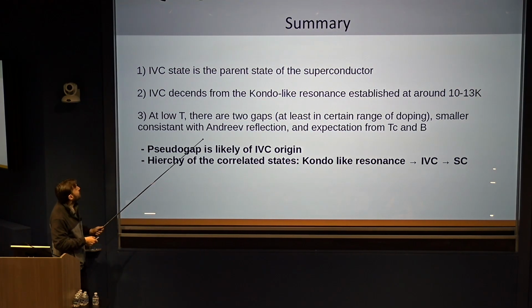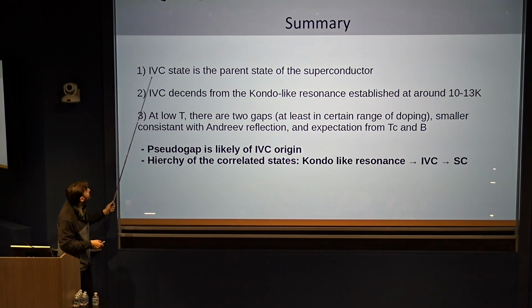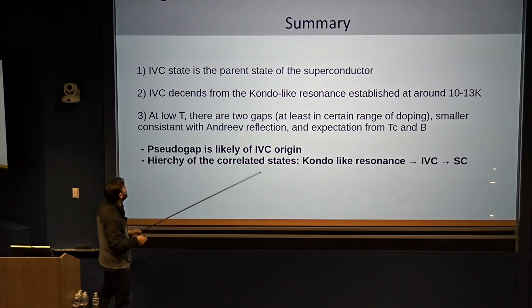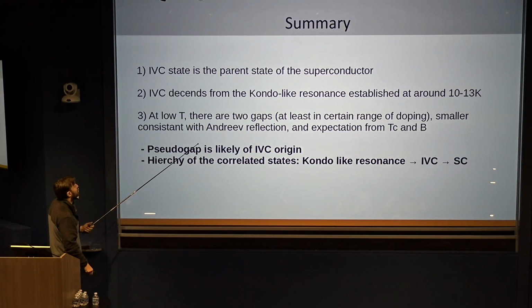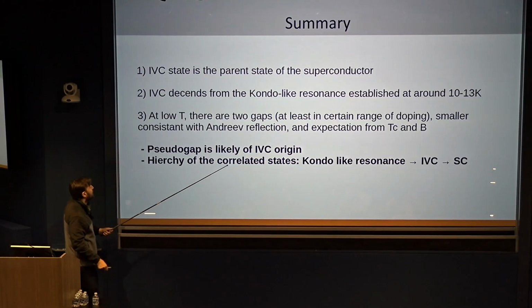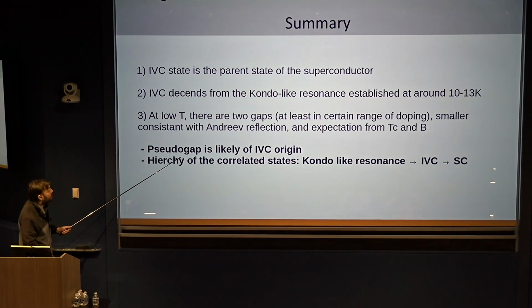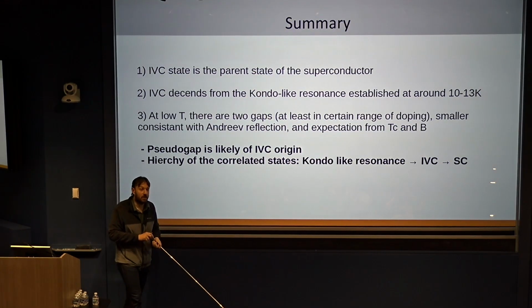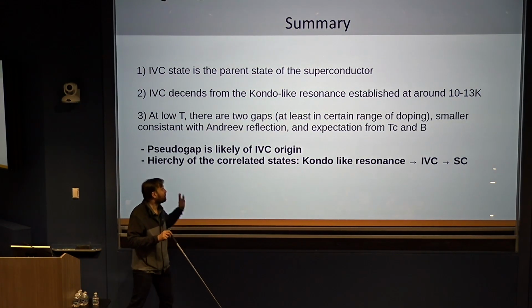What we are sure of by now is that some sort of intervalley coherent state is a parent state of a superconductor, both superconductor and insulator. The new thing is that this state somehow descends from the Kondo-like resonance. And the pseudogap is likely related to this intervalley coherent origin of some sort.